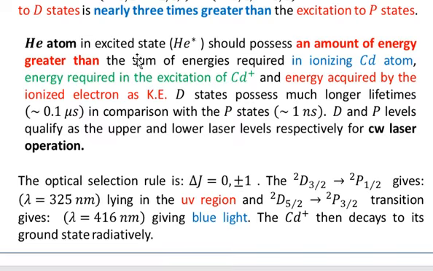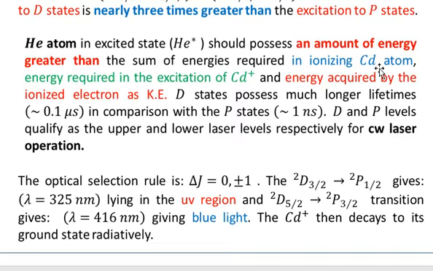The helium atom in the excited state should possess an amount of energy greater than the sum of energies required in three processes. So you see that this helium should transfer energy to the cadmium such that it is equal to the sum of three energies. What are those energies?